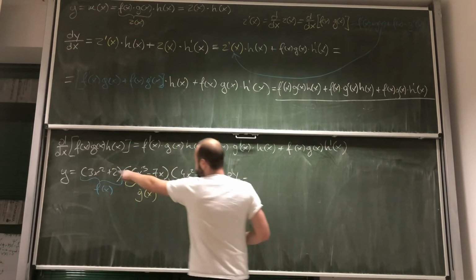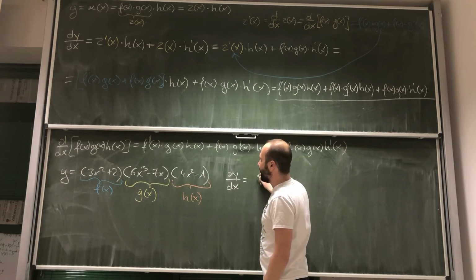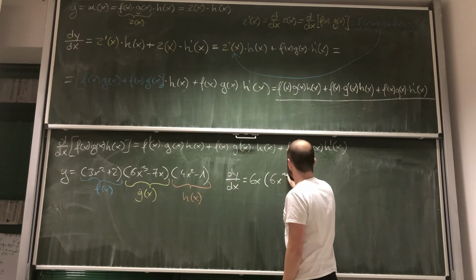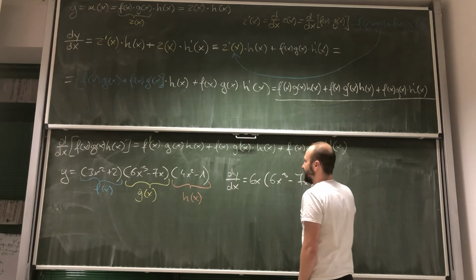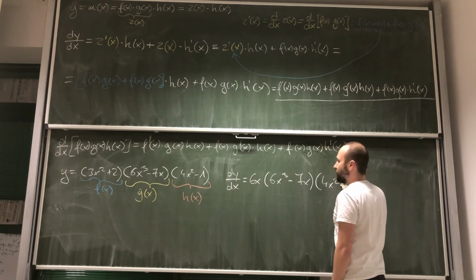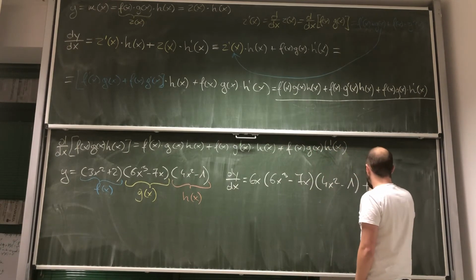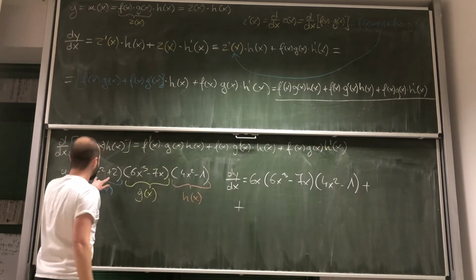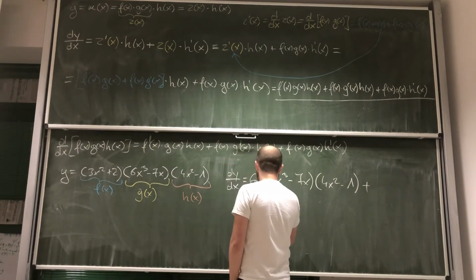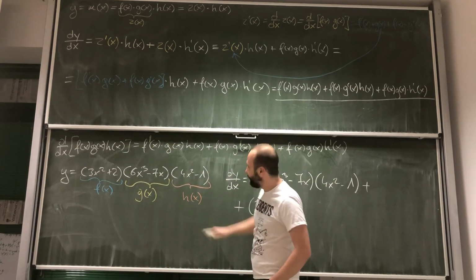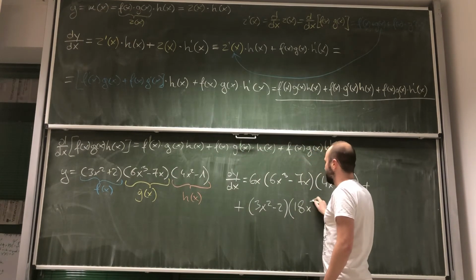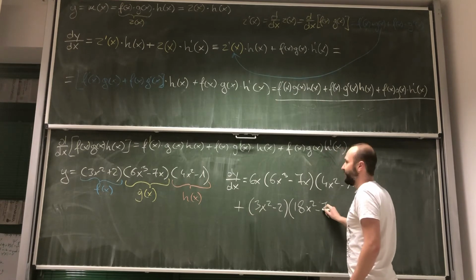So, first, the derivative of the first expression, we get that this is 6x, right, times the latter two expressions: 6x to the power of 3 minus 7x times 4x squared minus 1. Then plus, and now we rewrite the first expression, 3x squared plus 2. We differentiate the second expression, so we get 18x squared minus 7.